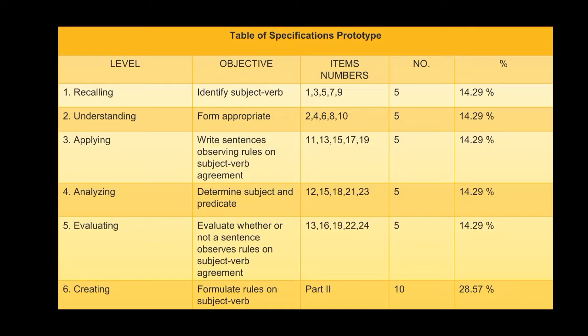Without the table of specifications, the tendency for the test maker is to focus too much on facts and concepts at the recall level. Constructing test items based on the TOS ensures alignment of learning outcomes and assessment tasks.